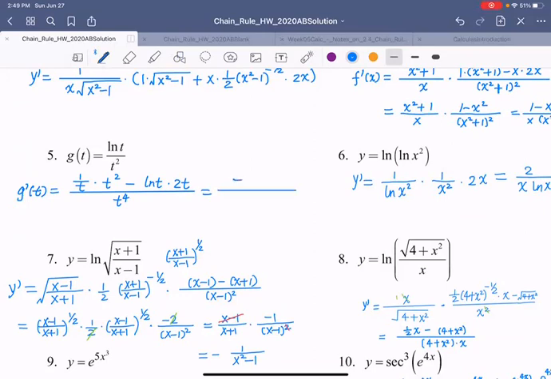So this means t minus 2t times ln t over t to the power of 4, right? Yes.